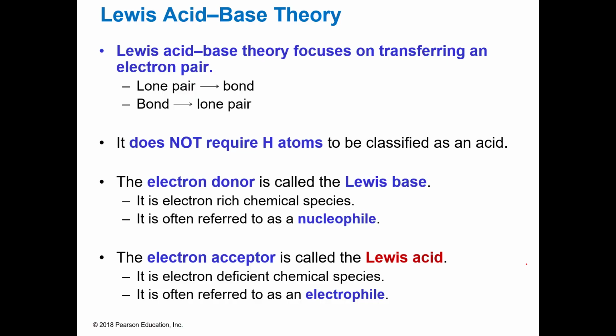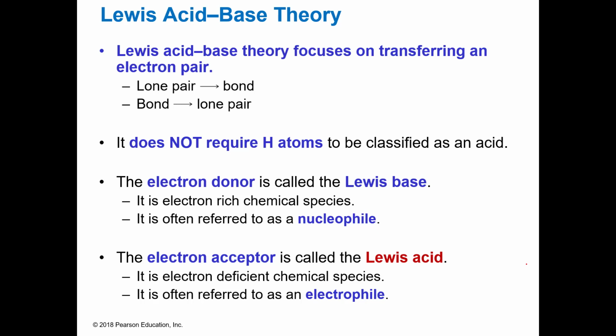The last part of this is we don't do a lot with Lewis acids and bases because you're going to do that in organic if you go farther. But remember I told you that instead of looking at protons, Lewis acid-base theory looks at electron pairs.